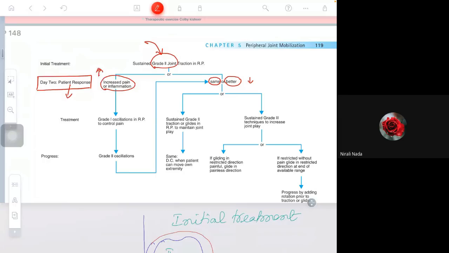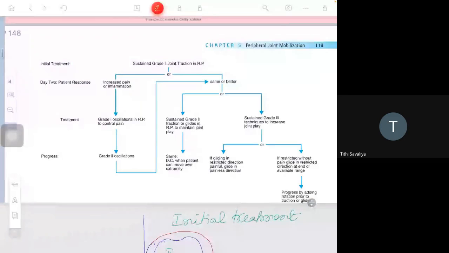There are three options after giving grade 2 distraction. Are you clear? Yes, sir. So after giving grade 2 distraction, on the second day, either the pain may be increased, or the same, or better.